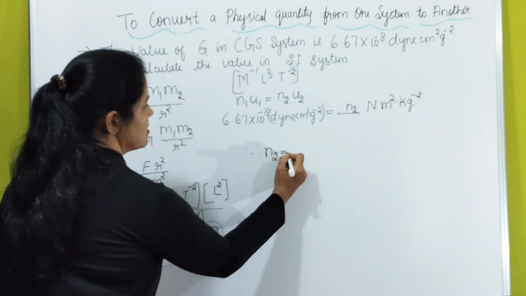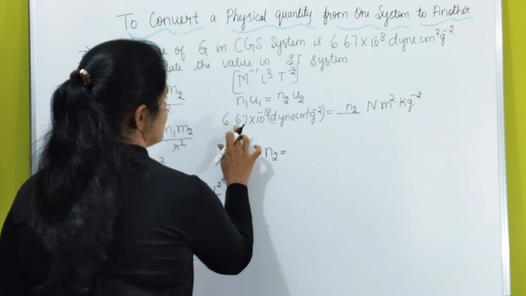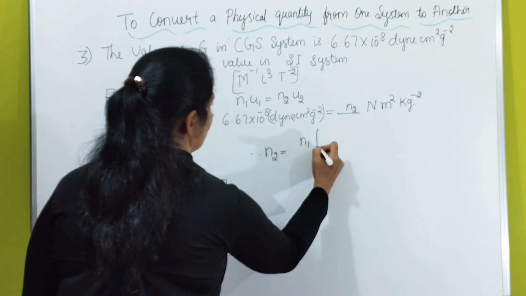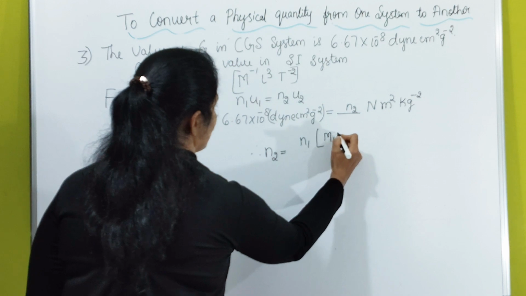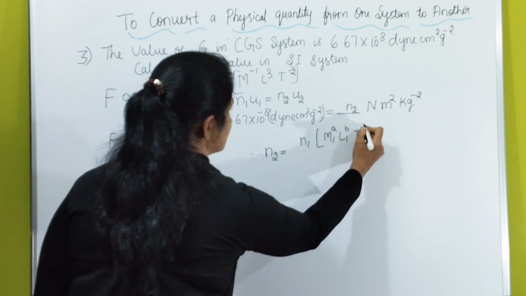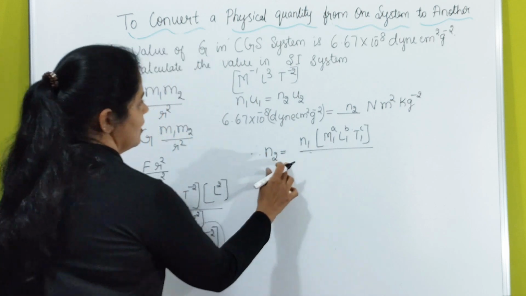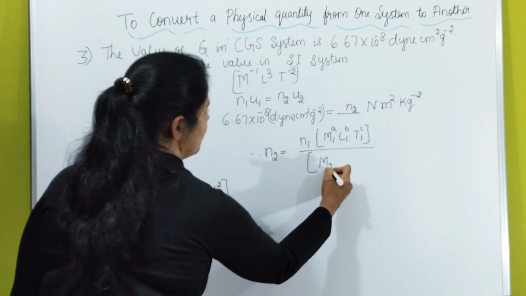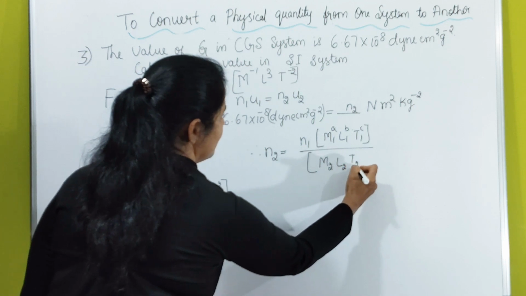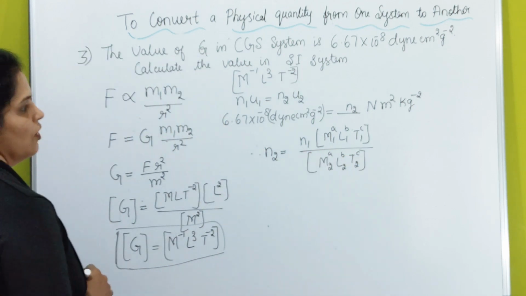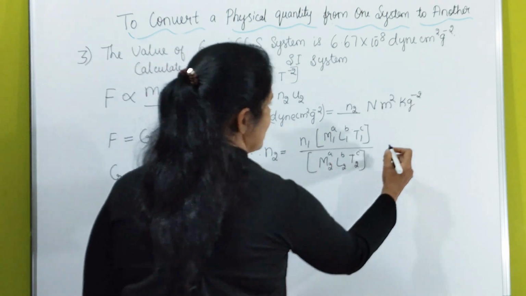N2 can be written as N1 times U1. How to write U1? M1 L1 T1 to the power A, B, C divided by U2, which is M2 L2 T2 to the power A, B, C. What is the value of A, B, C?